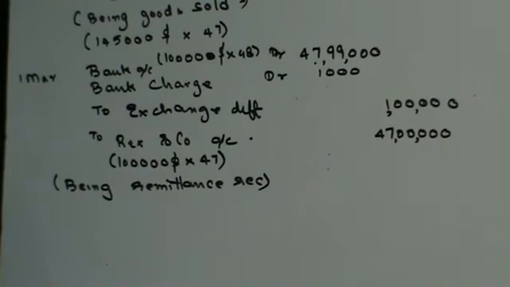The balance amount was paid by Rexon Company on 10th April. Now before 10th April, you have 31st March when you have to do the rate change entry. On 31st March, the dollar rate was 46.5. When you sold at 47, had you taken the money on that same date, you would have got 47 rupees per dollar. On 31st March, you are going to get 46 rupees 50 paisa per dollar. That means you are incurring a loss of 50 paisa on how many dollars? You've already received a payment of $1 lakh, so you incur a loss of 50 paisa on $45,000.